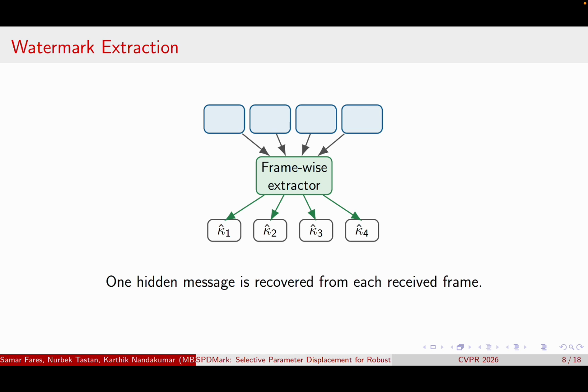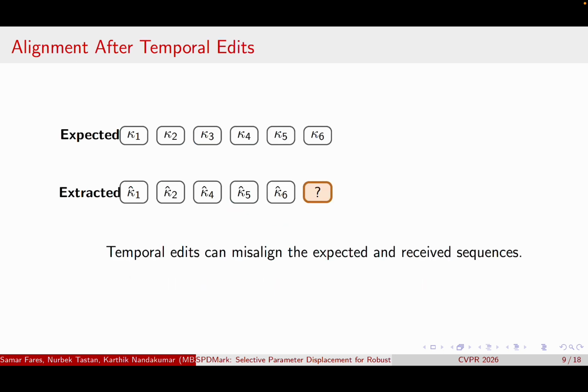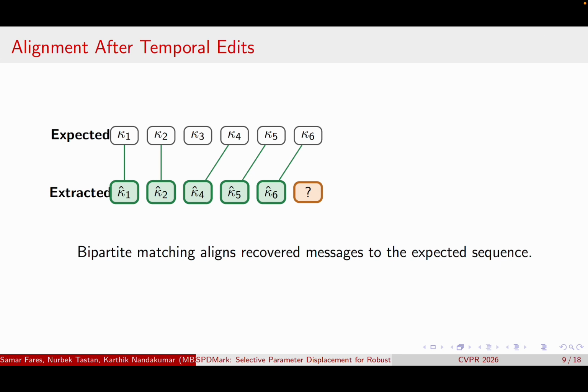However, if the video has been edited, this recovered sequence may no longer be aligned with the original frame order. If frames are dropped, inserted, or reordered, the extracted messages may be misaligned. SPDMark regenerates the expected frame messages from the base key and then compares them with the extracted messages.